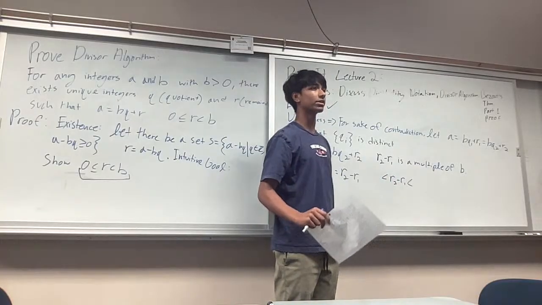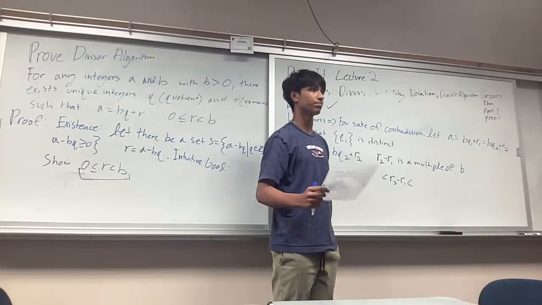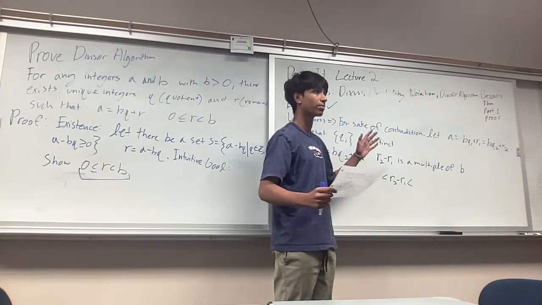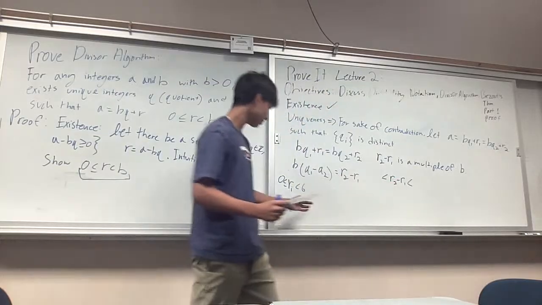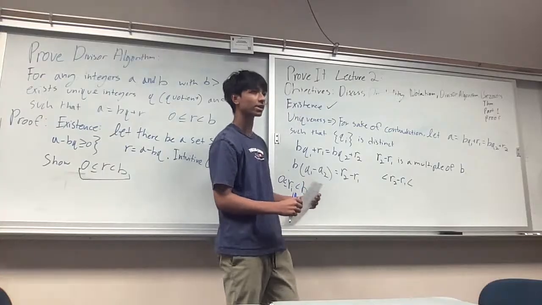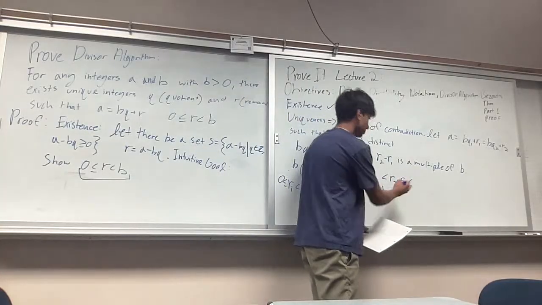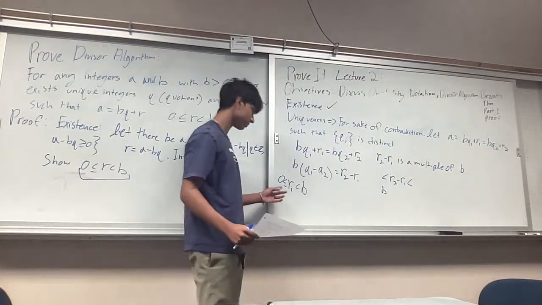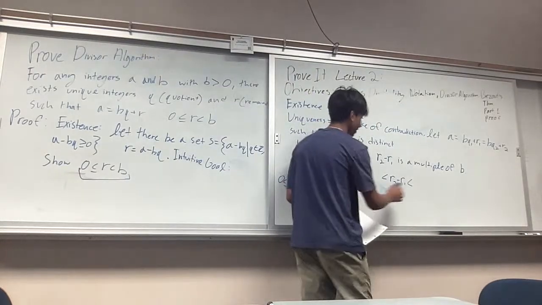How do you make a difference big? You have a bigger number minus a smaller number, right? So what's the biggest possible value for R2? Sorry, not 6, B. B. Right? What's the smallest possible value for R1? 0. Okay, B minus 0, right? So on this side, it's going to be B.